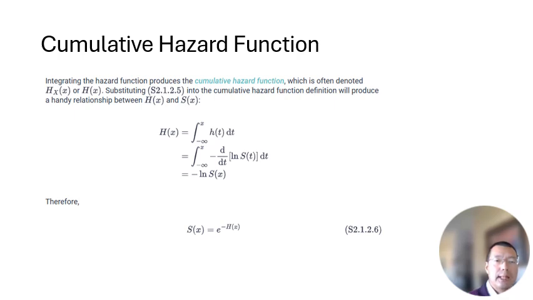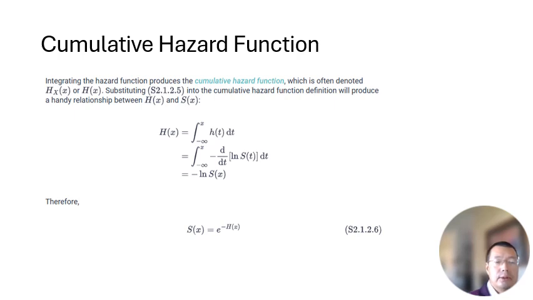Hazard function in mind, we can calculate the cumulative hazard function, which is basically just integrating the hazard function to produce the cumulative hazard function, which is often denoted as capital Hx.